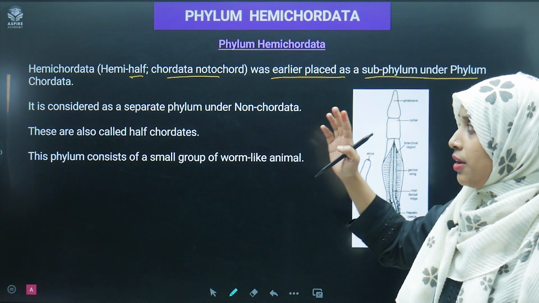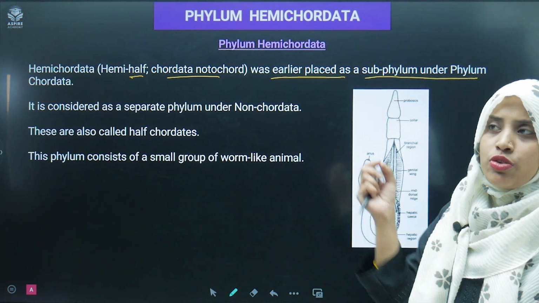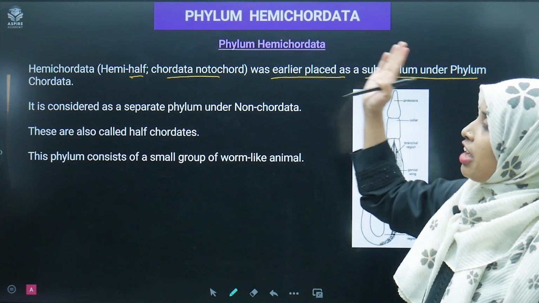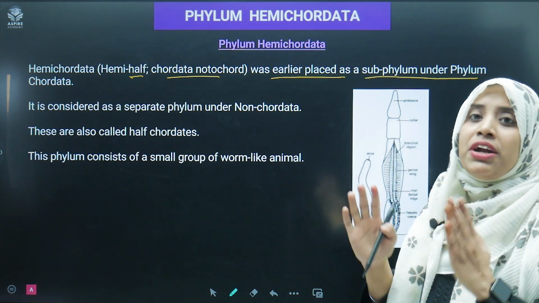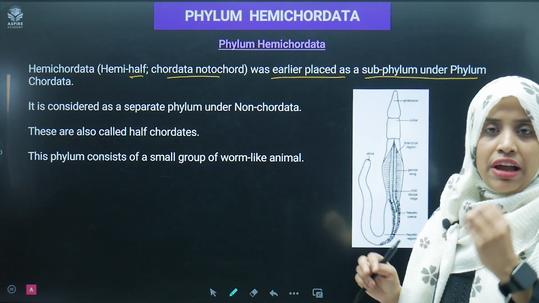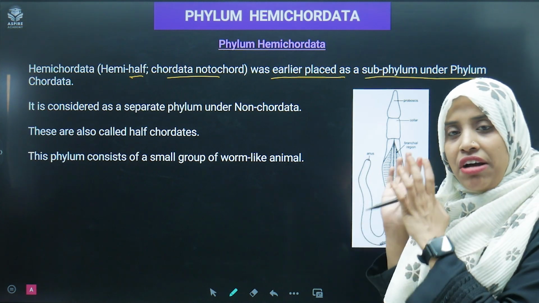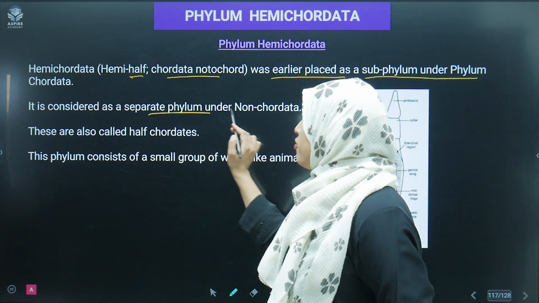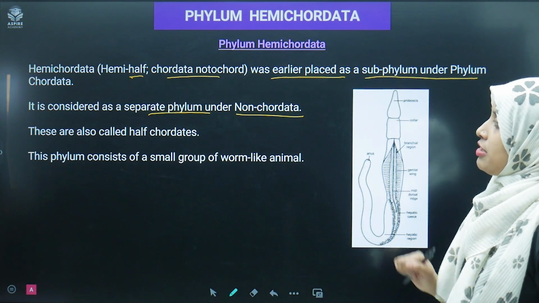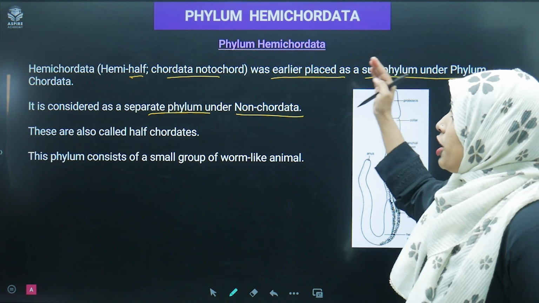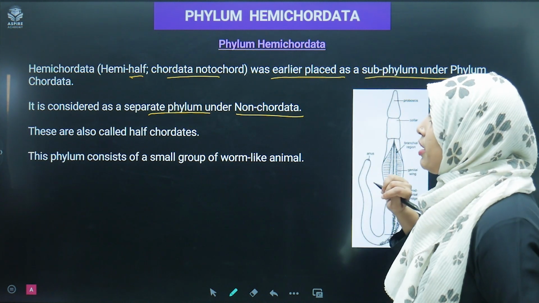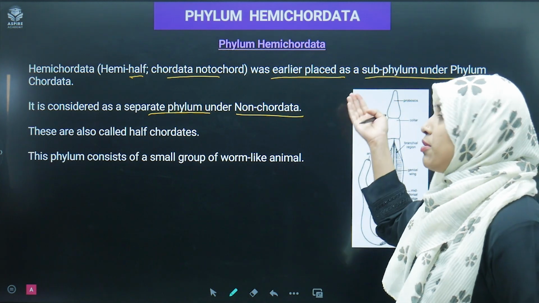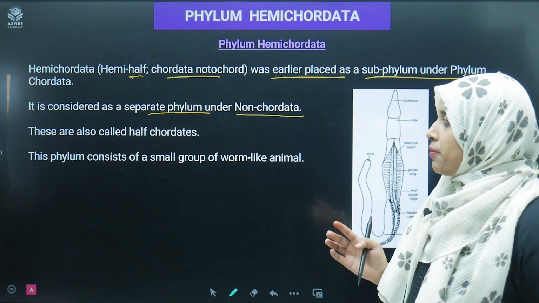But after that it was seen that it is a hemichordate, not a fully chordate. So they have been fixed in a separate phylum, named phylum Hemichordata. It is considered a separate phylum under non-chordates. Just as we studied all the phyla up to Echinodermata, after that Hemichordata also comes under non-chordates.